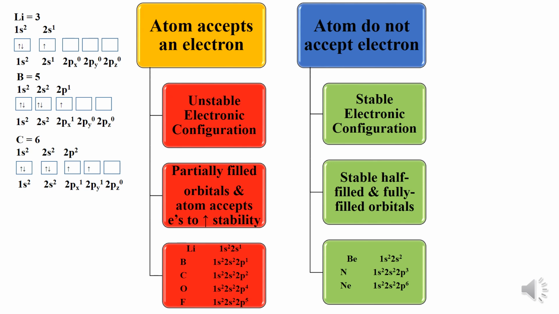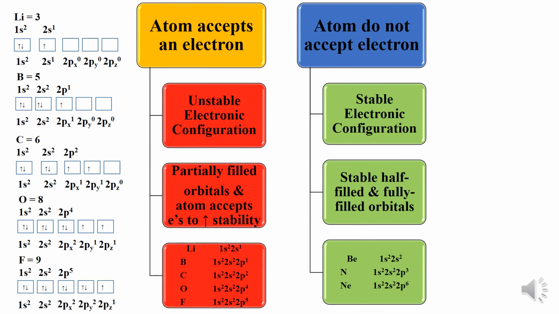Carbon, atomic number 6, the 2p subshell is partially filled. Oxygen, atomic number 8, the 2p subshell is partially filled. Fluorine atom, again, it is partially filled and it needs just one electron to attain a stable electronic configuration.